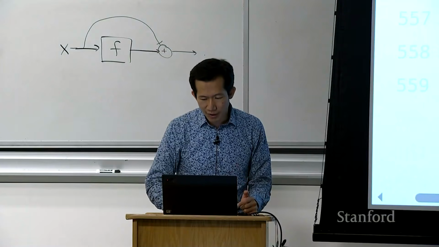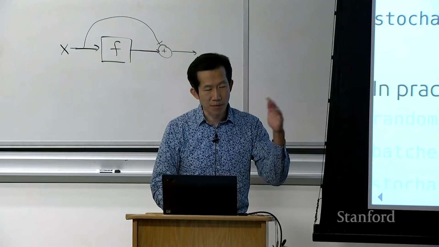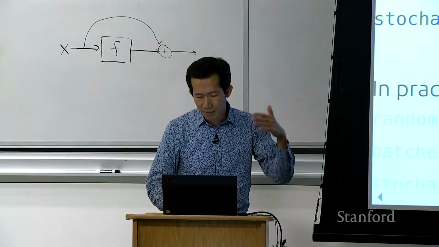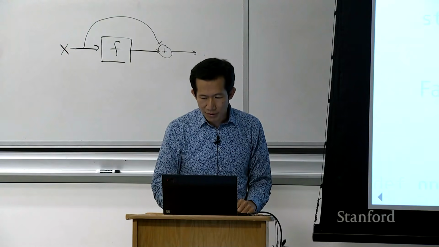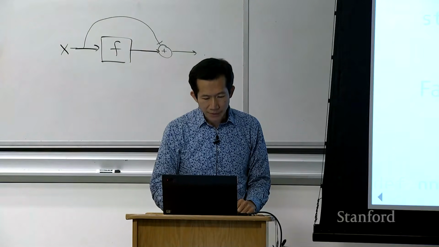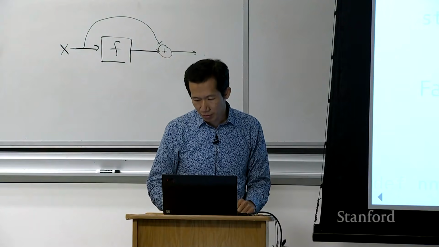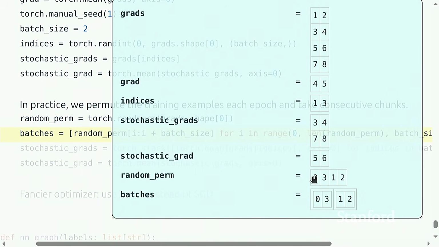Implementation-wise, you just permute the training examples at the beginning of every epoch, where you're taking a pass over your examples. So you take a random permutation and you group it into batches. Because this is random, you can just take consecutive indices in this array.